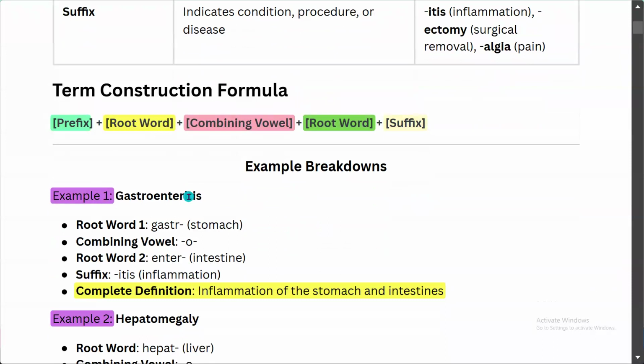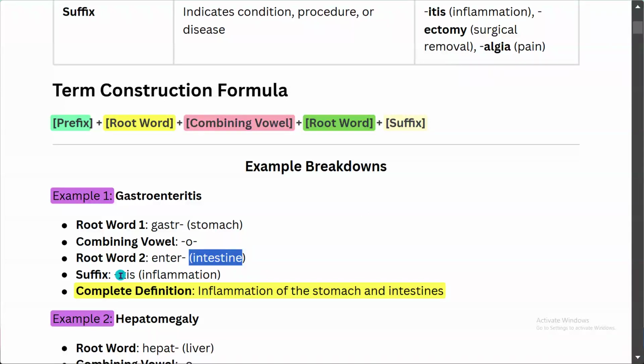So let's take some examples. The first example is gastroenteritis. Over there you'll get the first root word is gastro, that means stomach. The combining vowel is o, so here gastro. The second root word is enter, that means intestine. So what do you understand by stomach and intestine?